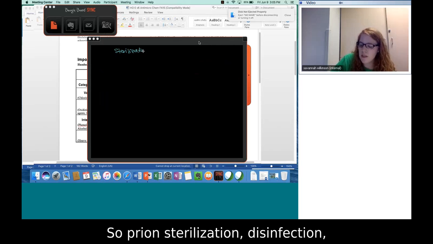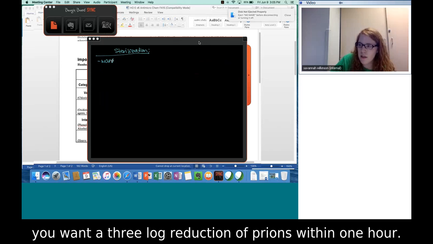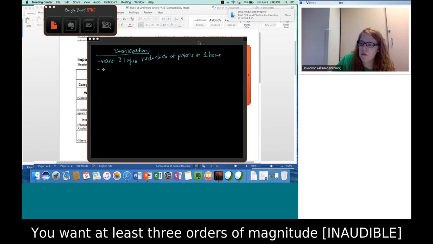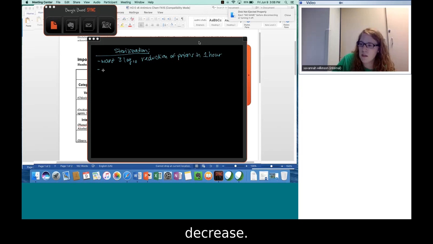So for prion sterilization and disinfection, you want a 3-log reduction of prions within 1 hour. You want at least 3 orders of magnitude decrease.